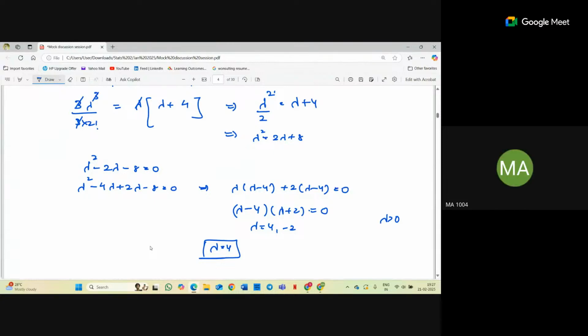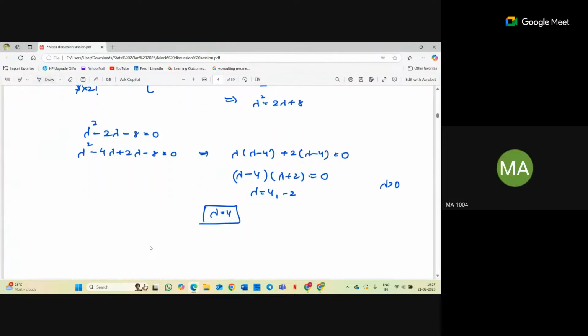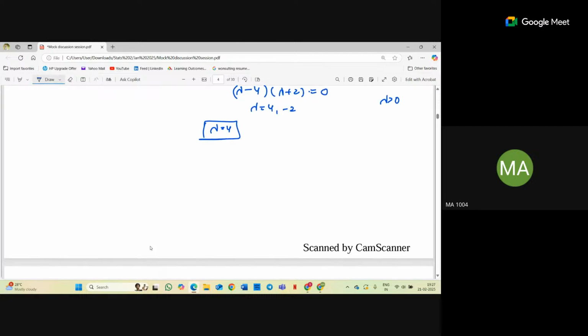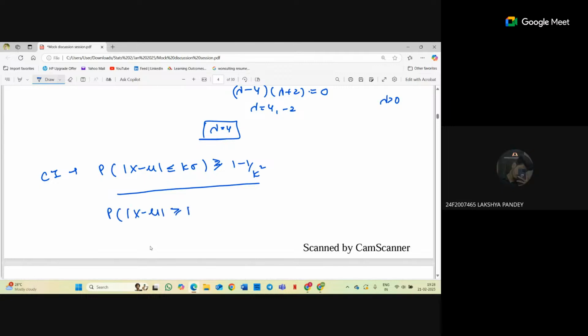Okay, so Chebyshev's inequality is probability of mod of x minus mu less than or equal to k sigma is at most 1 upon k square. Or when we interchange the sign, then it's 1 upon k square.